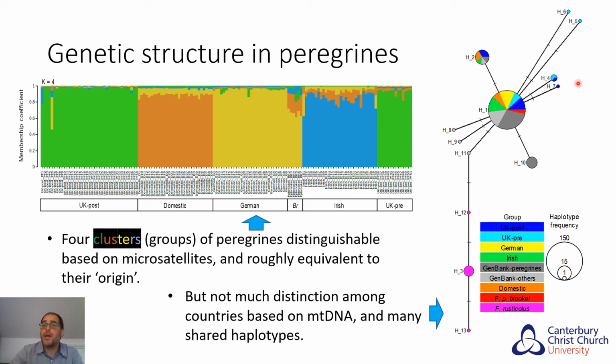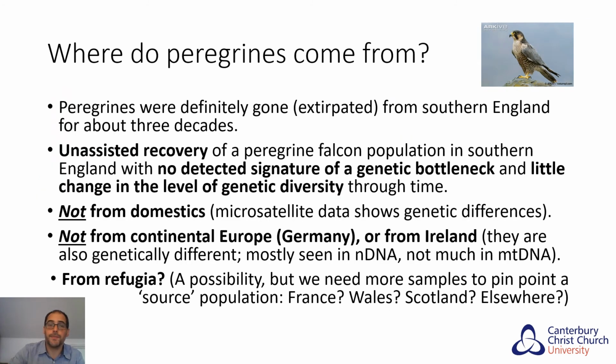So it could be that the UK population before the crash had some haplotypes that we don't see anymore in current times. But overall, there's very little information that we can gather from this mitochondrial DNA. Still, we have some good information and we can reach some conclusions.